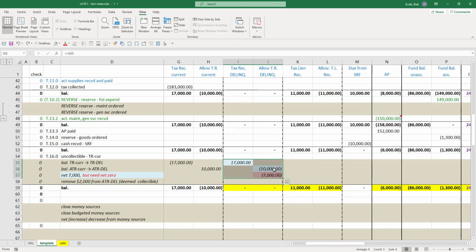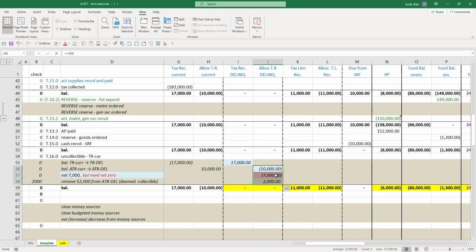Okay, so we need to essentially bump up the net of 0 here. We need to bring it up to a net of 2 million. So I'm going to back out 2 million right here. And so what you can kind of see here is that the net allowance that I've recorded with these 3 lines here is 15 million.